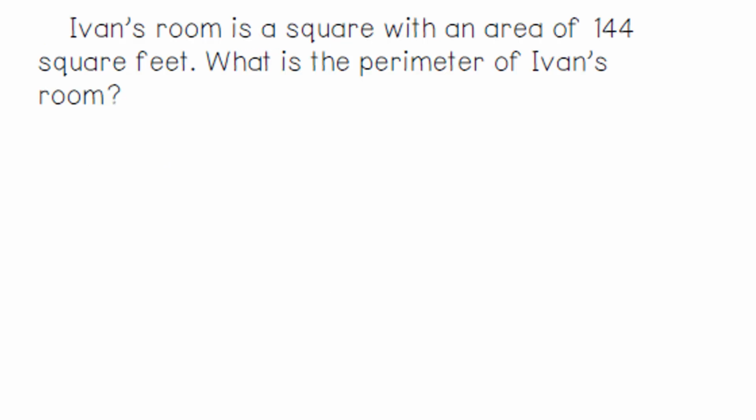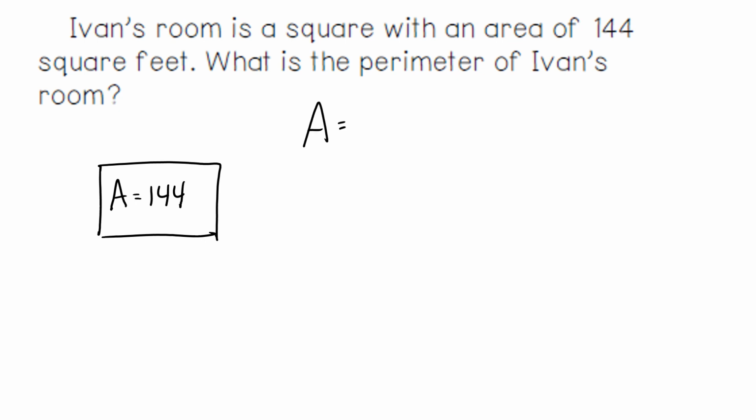Ivan's room is a square with an area of 144 square feet. What is the perimeter of Ivan's room? So again, area is found by length times width. So we're trying to figure out what can we multiply to get 144. We use our perfect square knowledge and do the square root of 144, which is 12, meaning our length and width is 12.